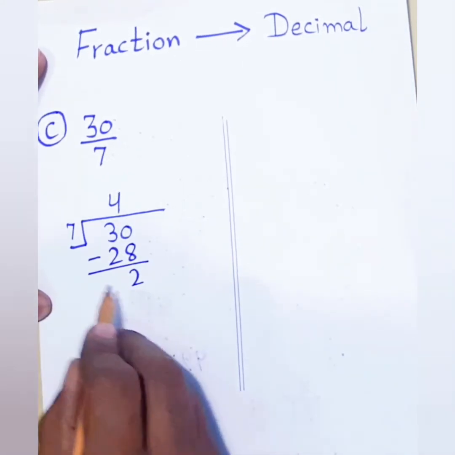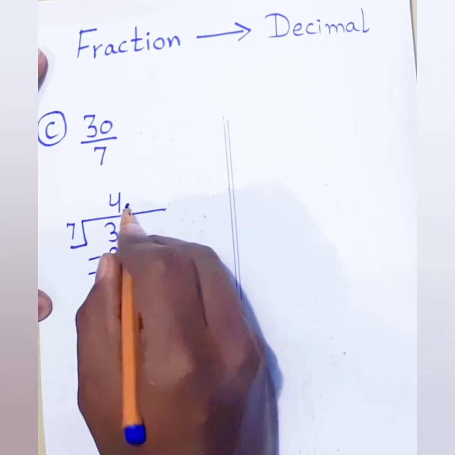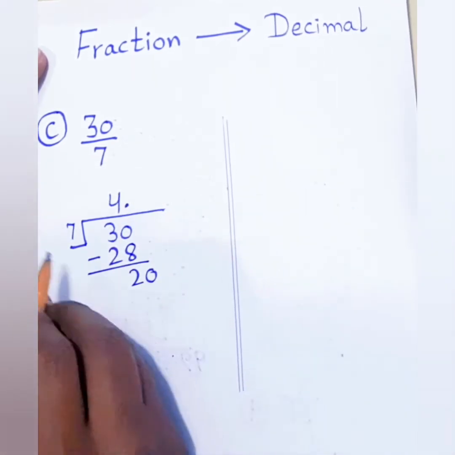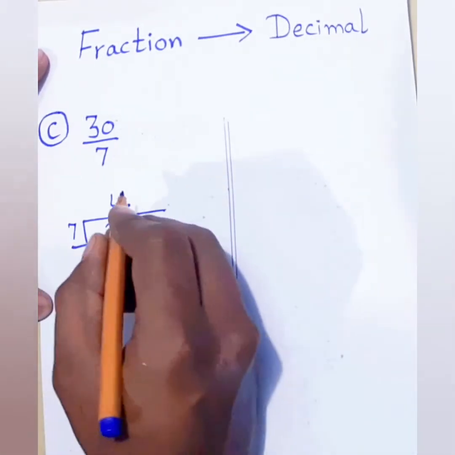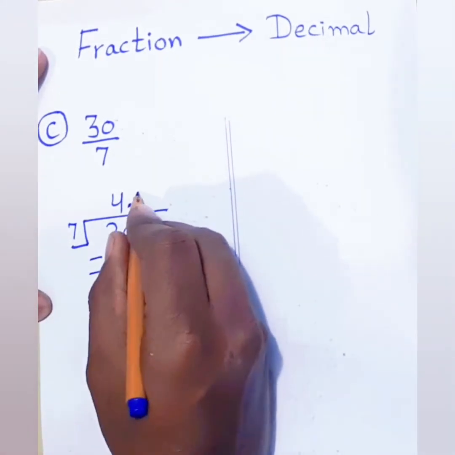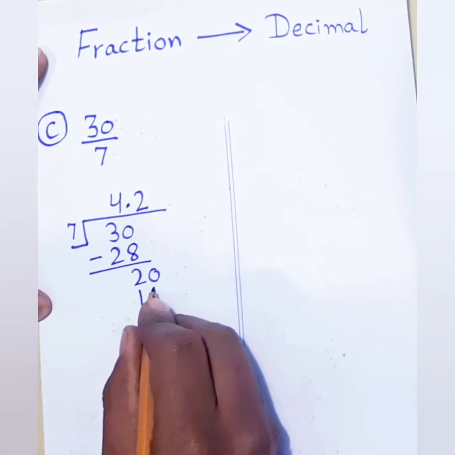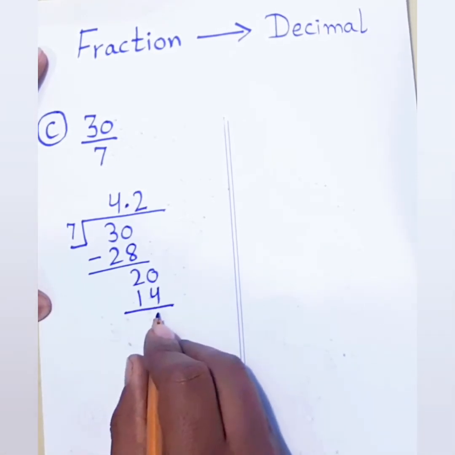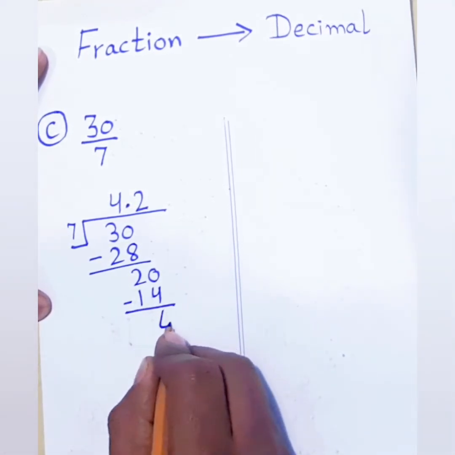2 is a smaller number, 7 is a bigger number, so we have to add a decimal point here. Again 7 ones are 7, 7 twos are 14, and 7 threes are 21. So 21 is a bigger number, so it's correct to write 2 here and 14 here. Okay, the remaining part, if we subtract it, is 6.